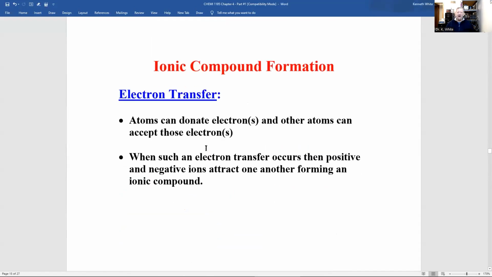Now, we talked about ionic compounds and ionic bonds. To remind you, to form an ionic compound, you have electron transfer.